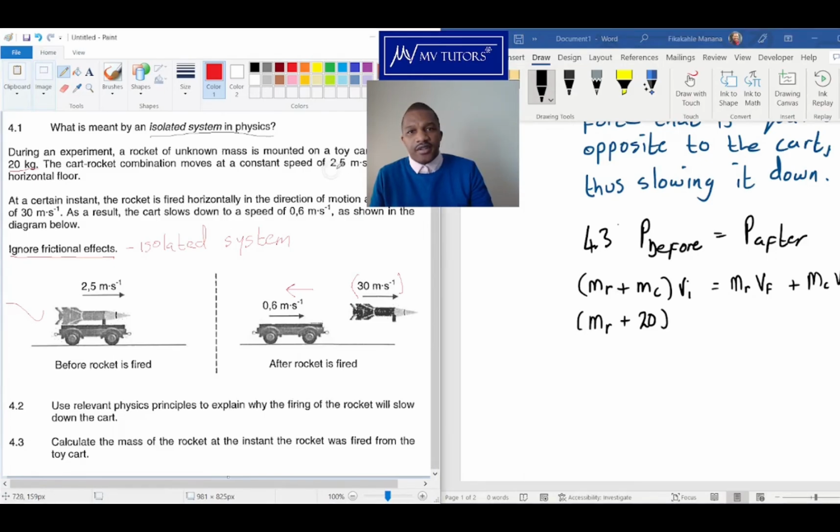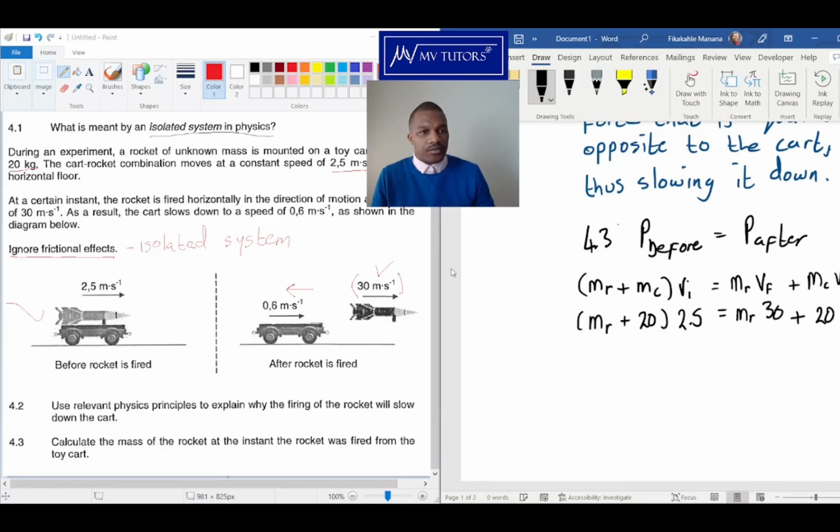That equals the mass of the rocket, which we don't know, times its final velocity, 30, plus the mass of the cart, 20, times the final velocity, 0.6.